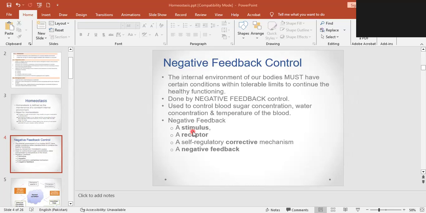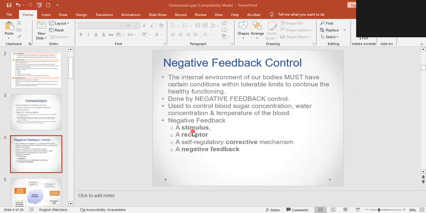My body would know when there's a sensation of change in temperature, the body temperature will drop from 37. If my body temperature is going lower than 37, is it good for my body? No, it will affect my chemical reactions, it will affect my metabolism. Now my body needs to bring that temperature back to 37, right?